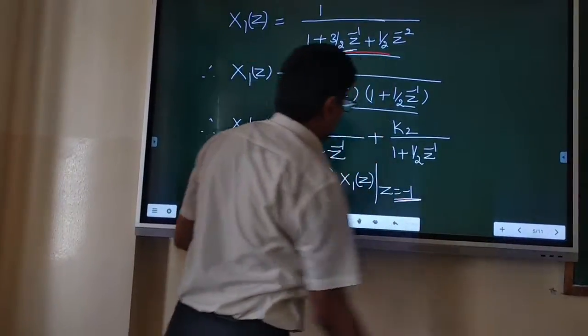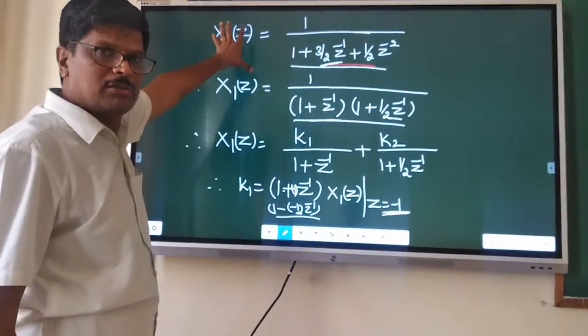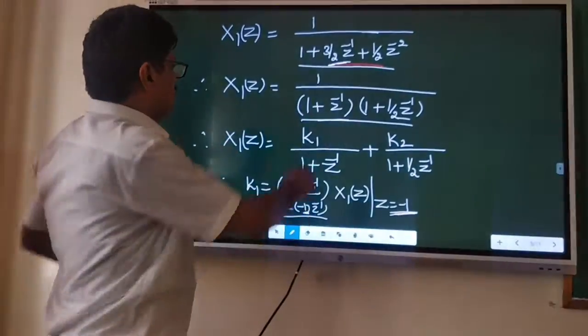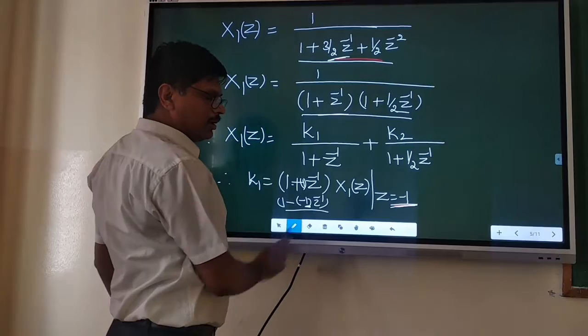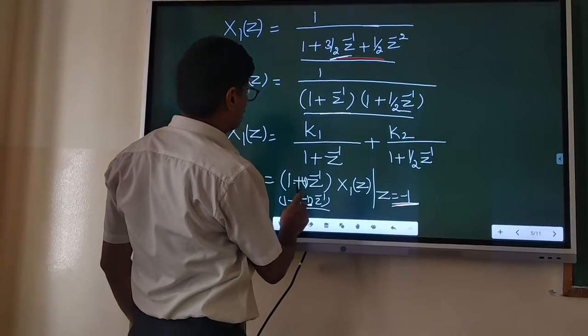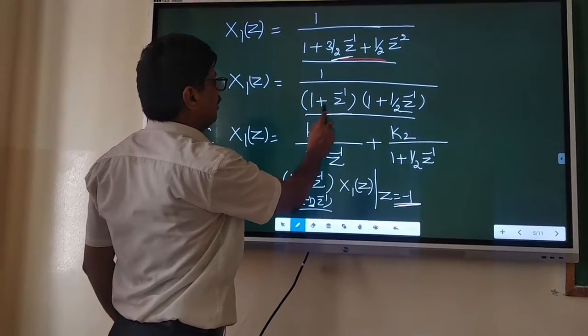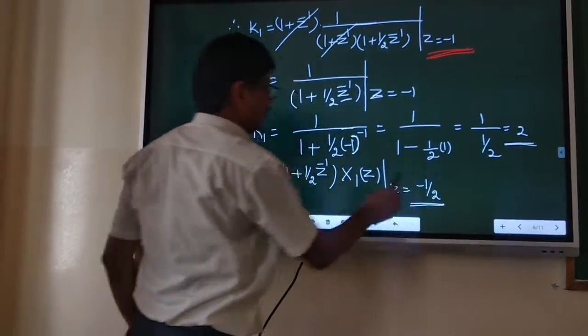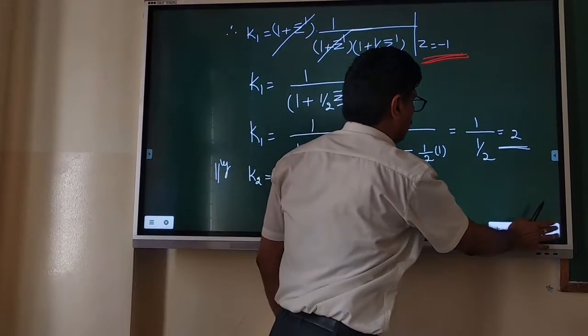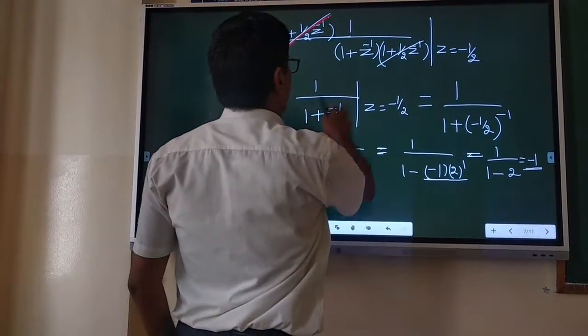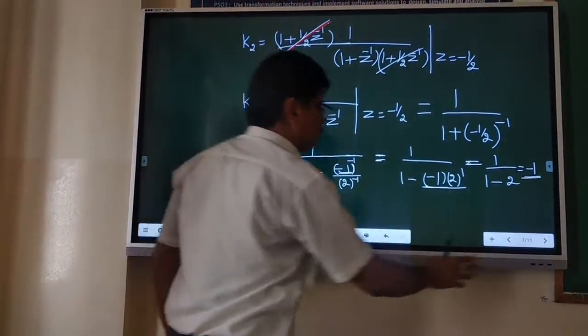Now take this out and solve like your normal expressions, k1 and k2. k1 is equal to minus 1. Similarly, solve for k2, and you will get k2 as minus 1.